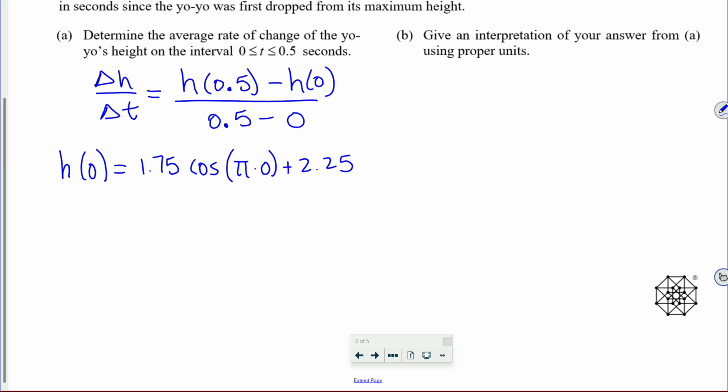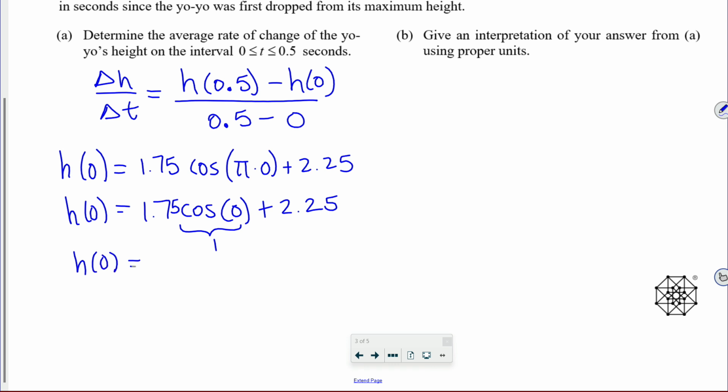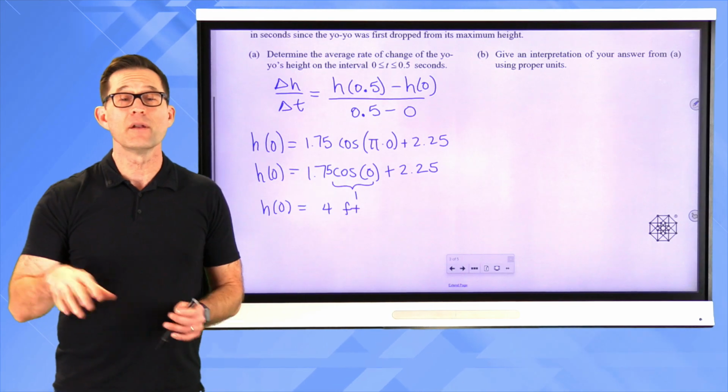Now, what's kind of nice about this problem is that cosine of 0 is an exceptionally nice number, and it's actually a number that you're supposed to learn. The cosine of 0 is equal to 1. So h of 0 is just equal to 4, which tells me that this thing starts 4 feet above the ground.